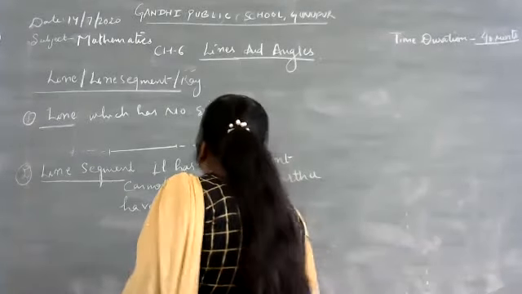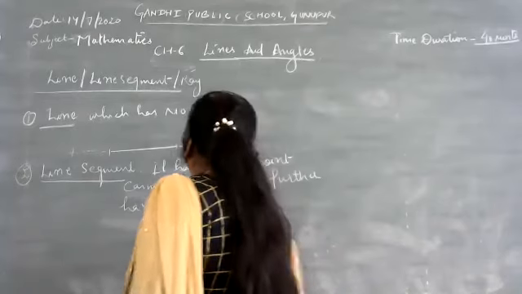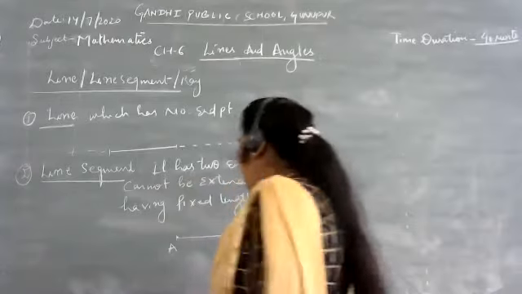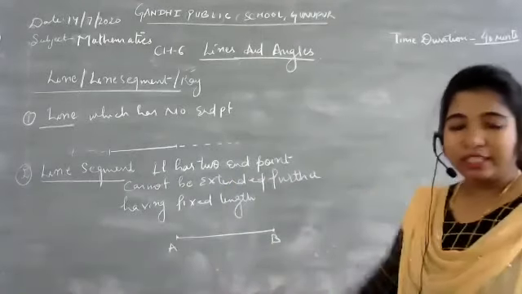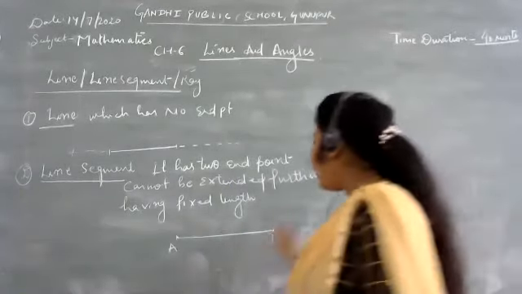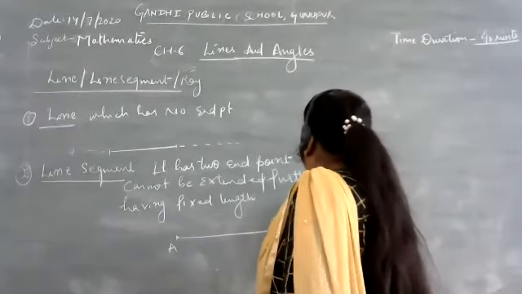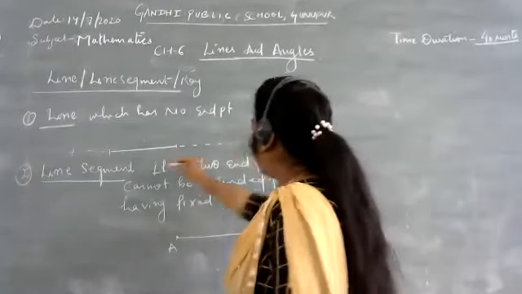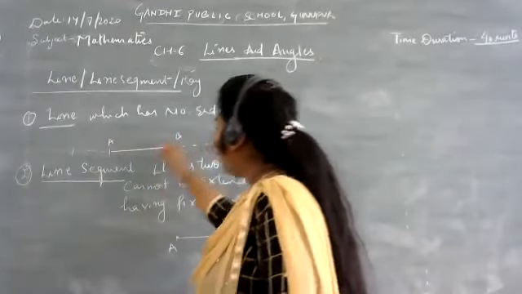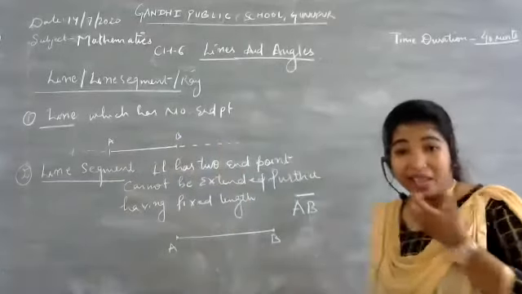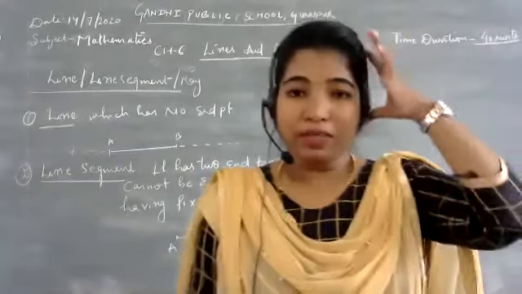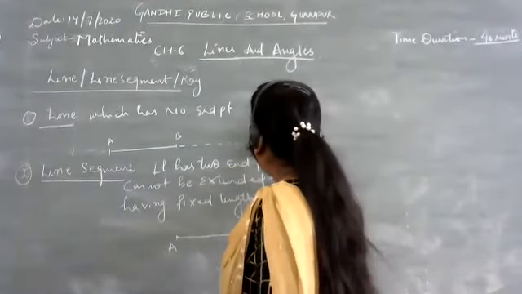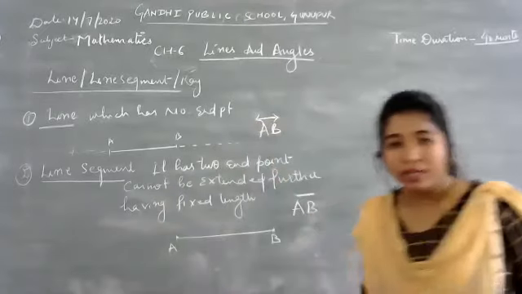If this is a line segment having two endpoints, A and B, I will represent it by this symbol, AB. If I want to represent a line, I will write it like this, because it can be extended in both directions.